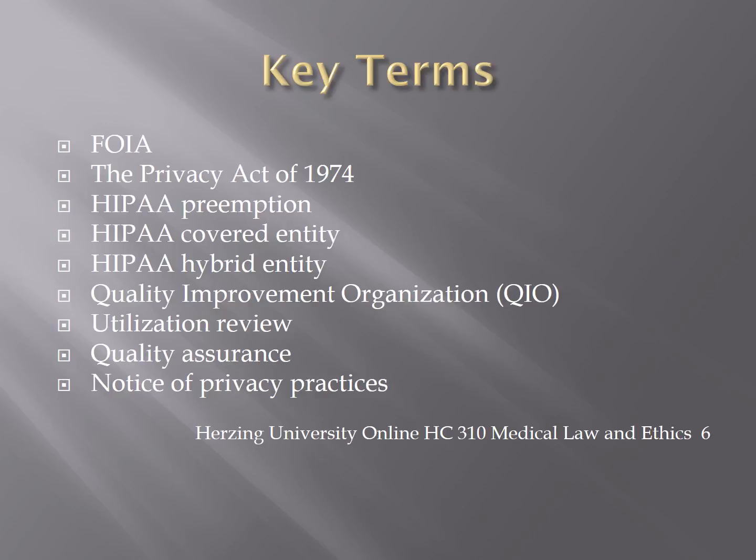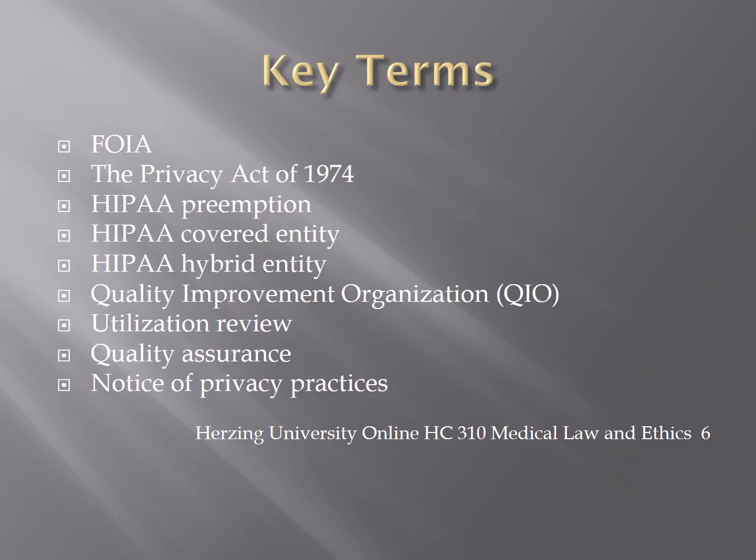The HIPAA principle that the HIPAA regulations take precedence over state regulations in certain instances. HIPAA covered entity, an entity which complies with the HIPAA regulations by law. HIPAA hybrid entity. Parts of the entity are covered by HIPAA regulations and parts are not.